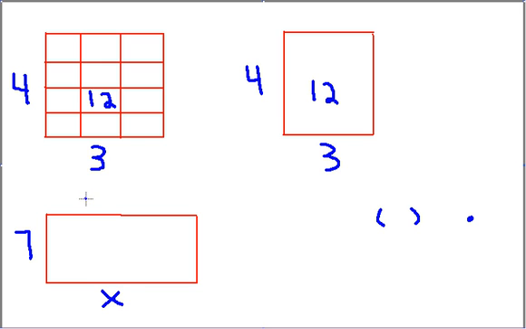But if you use the illustration, our answer is going to be this times this. Our example up here has 4 times 3. So what's our answer going to be down here in this rectangle? It's going to be 7 times x. So the area of this particular rectangle is 7 times x. We don't know what x is yet, but we can still represent the area as 7 times x.